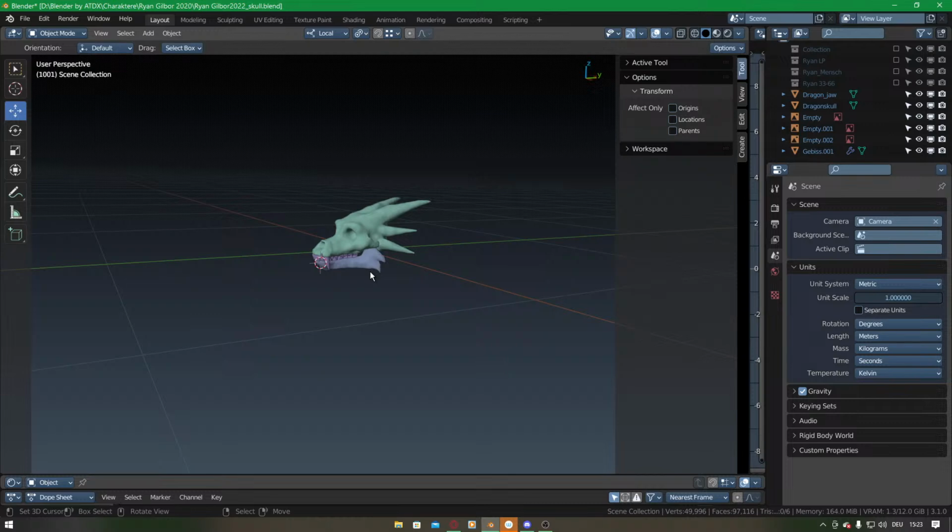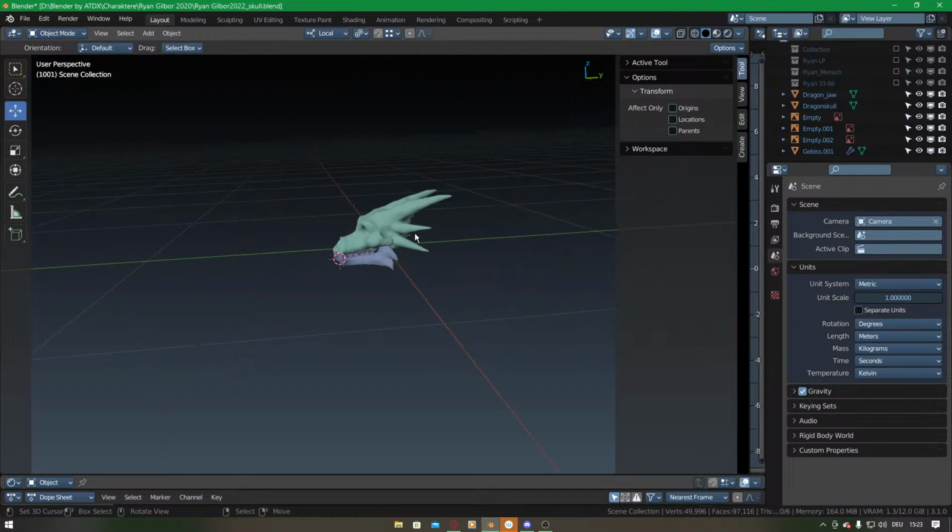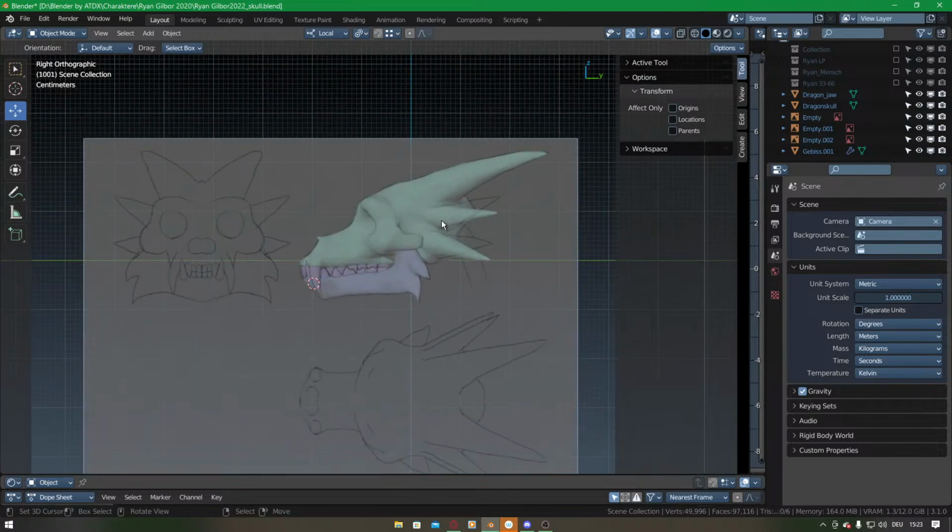So you want him to fly? Okay, then he can fly. Then he can fly and has hollow bones. No props with that.